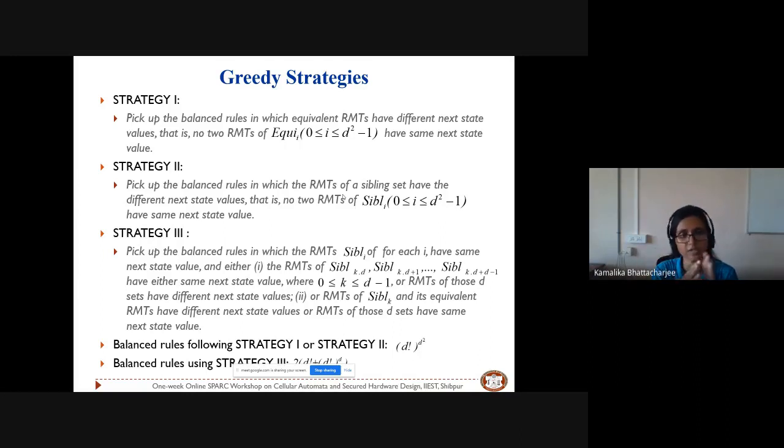So depending on that, we can devise some strategy to make the tree at least balanced up to that level. So these are the 3 strategies which are developed. The set of CA which are generated by these strategies have more chance of being reversible than any arbitrary CA.